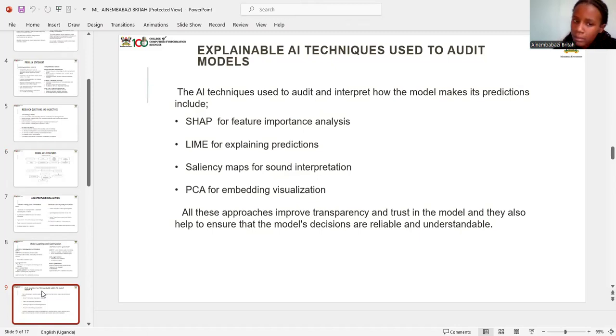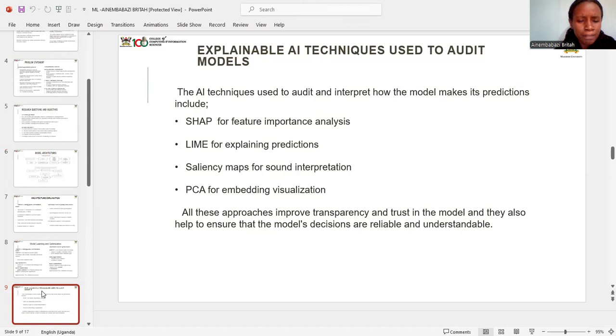The next one is LIME, which helps explain individual predictions by showing which parts of the input contributed most to the model's decision. Then the next one is saliency maps, which help to visualize which parts of the spectrogram the model focuses on when detecting respiratory sounds.